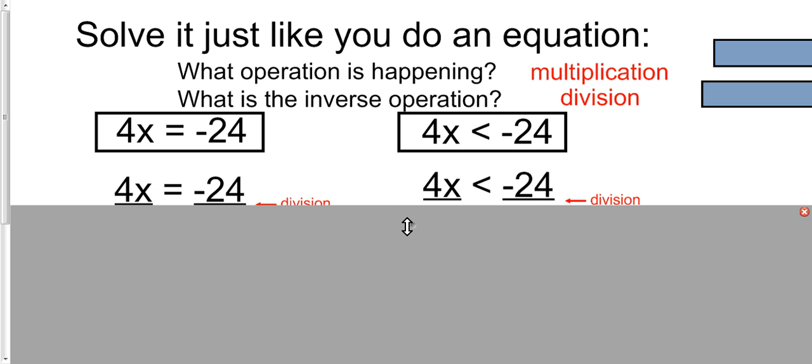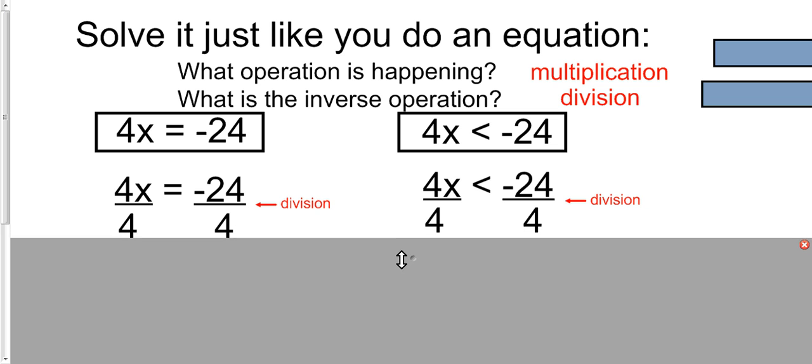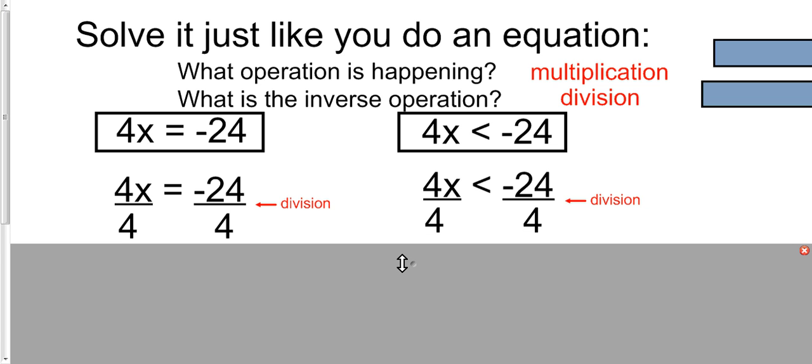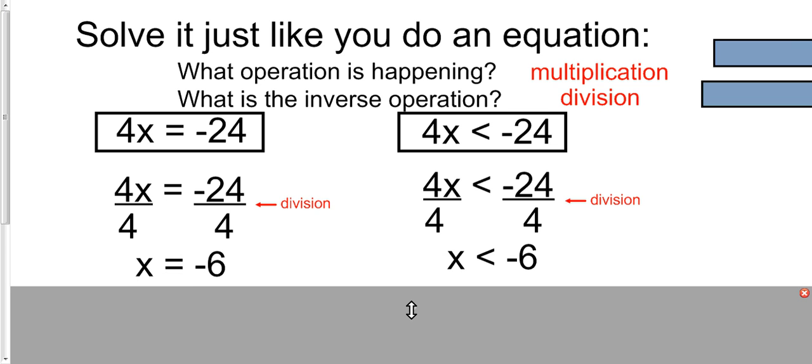So we're going to divide both sides by 4 for both the equation and the inequality. When we do that, for the equation, x equals negative 6. For the inequality, x is anything less than negative 6. So every possible number less than negative 6 would make this inequality true.